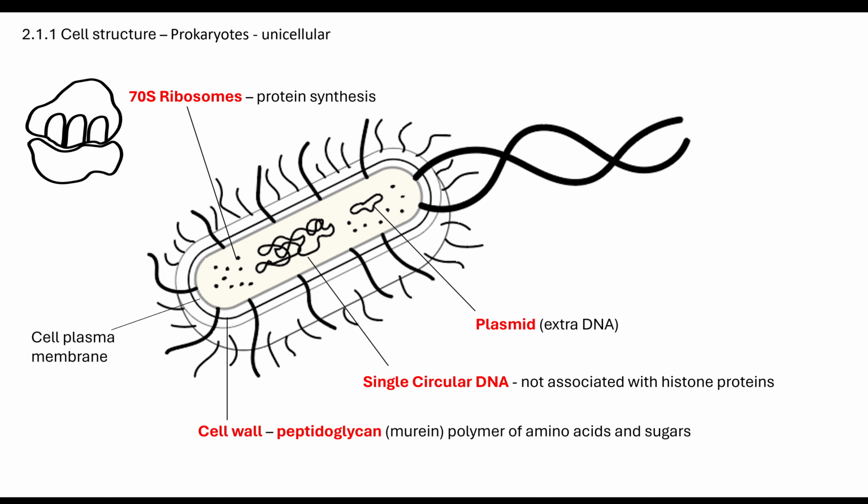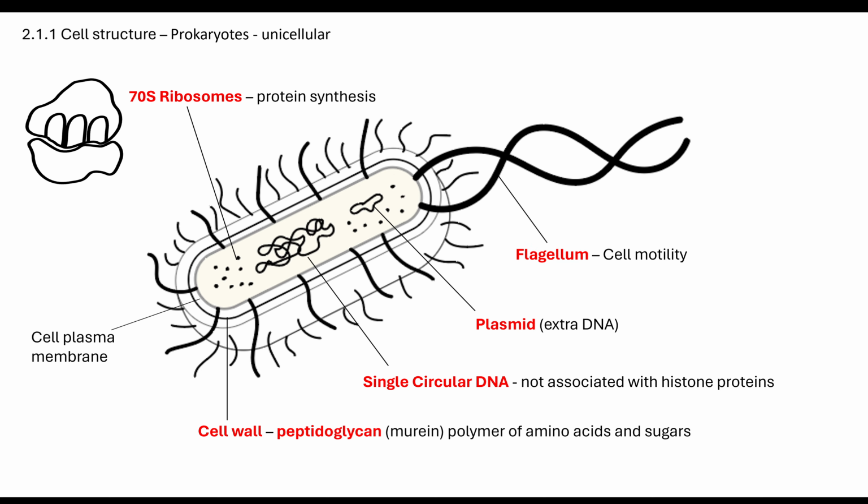The cell wall maintains the cell shape, and therefore that allows for the cell to withstand certain environments. So the cell wall is permeable, and it's made up of these amino acids and sugar, and you need to know that it's called the peptidoglycan. It can also be called murein, but in the exam, if they were going to ask you, you would want to use that term peptidoglycan.